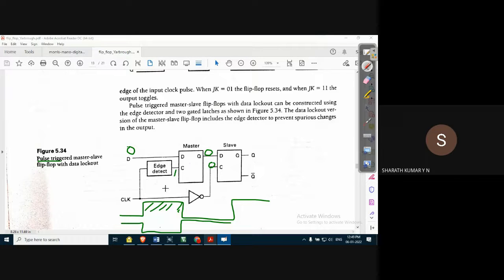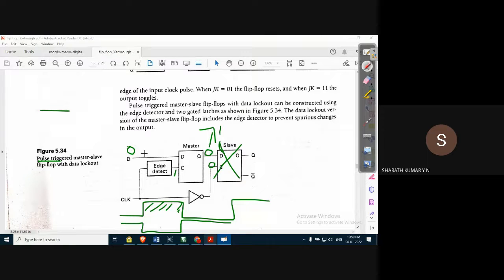Okay, but now what happens is that during this condition, though the slave is disabled, let us say because of some changes in the circuit, because we are using connecting wires and some other components, this output of the master may slightly change from 0 to 1 or 1 to 0.